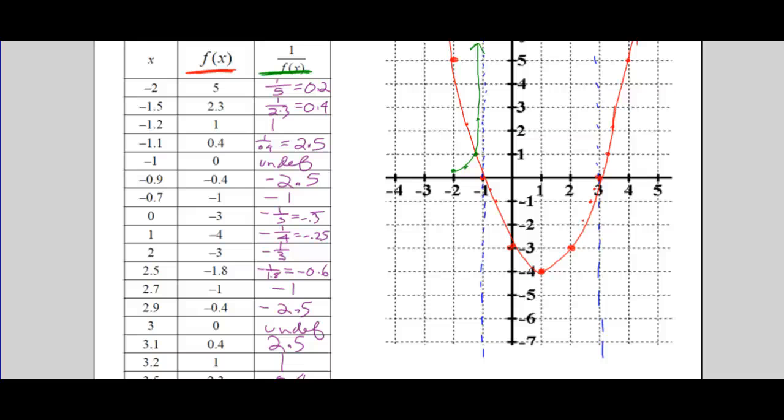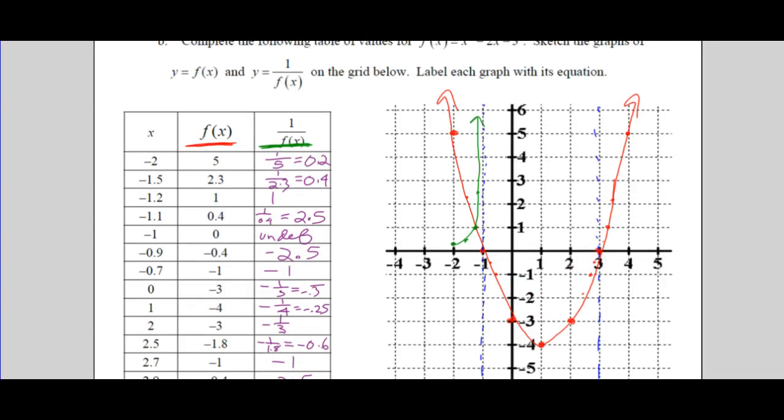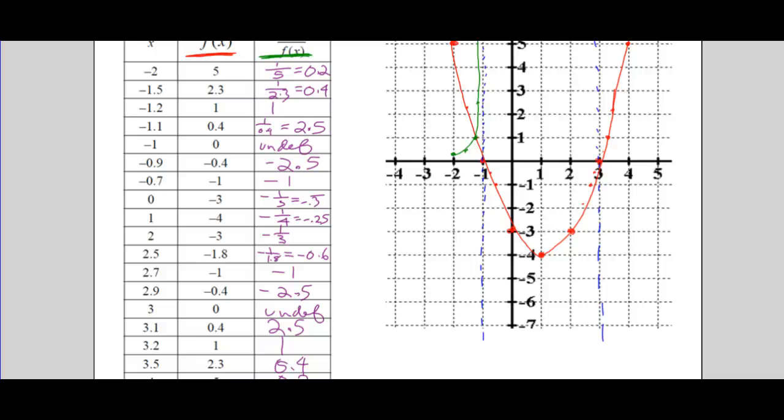Now, what's happening as we go this way? If we look here, what's happening to the red values out here? They're getting bigger. So the reciprocal is going to get smaller, and it's going to approach 0. Is it ever going to reach 0?